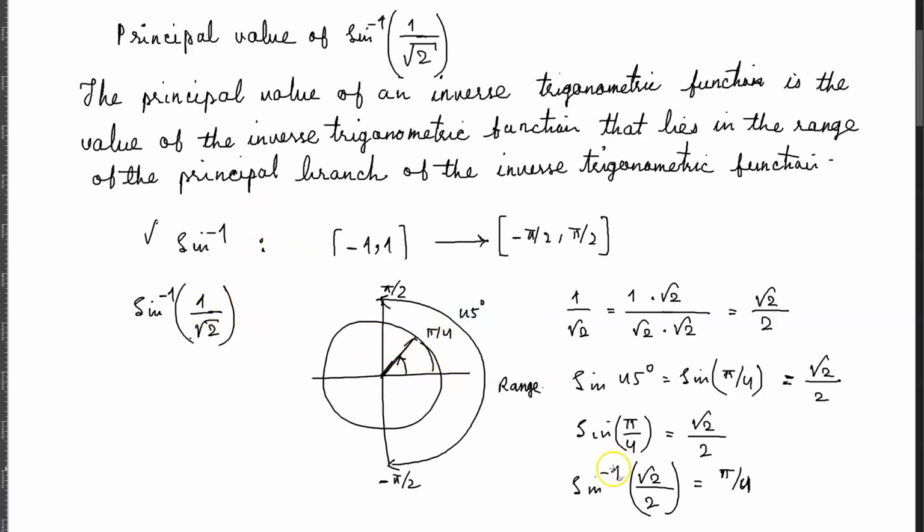So since the input of the function is allowed in the domain of the function, and the output is in the range of the function, I can say that the sine inverse of 1 over square root of 2, which is the same thing as the sine inverse of square root of 2 over 2, is equal to pi by 4, which is equal to 45 degrees, right?